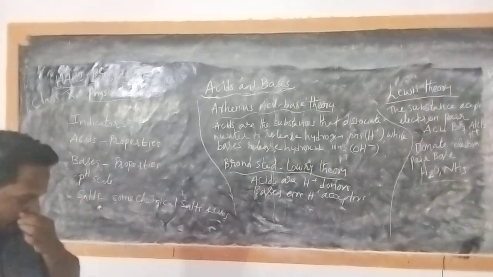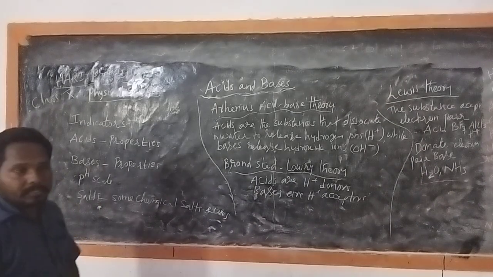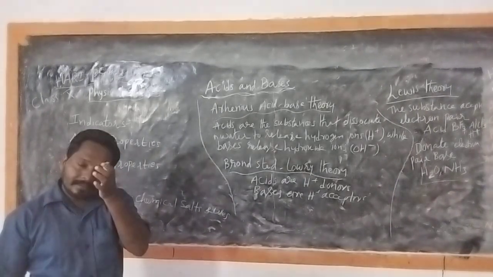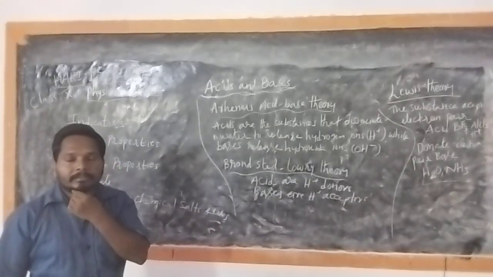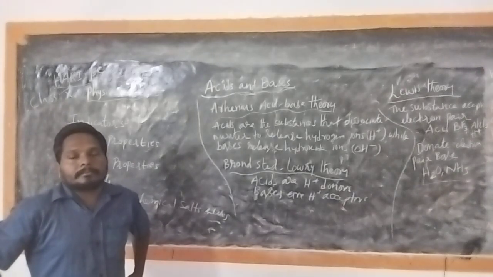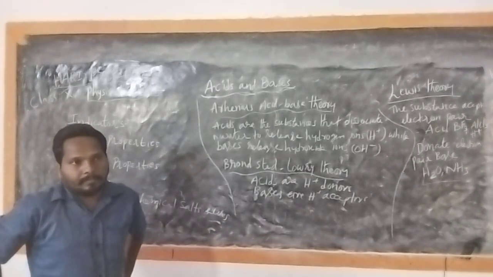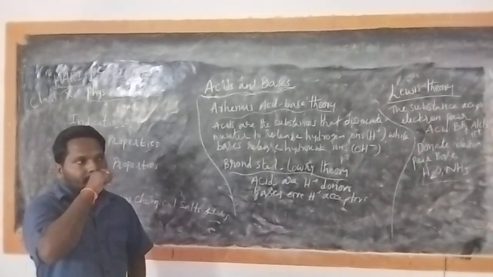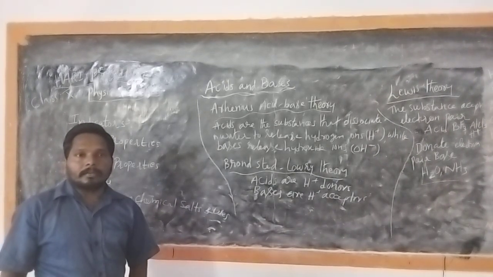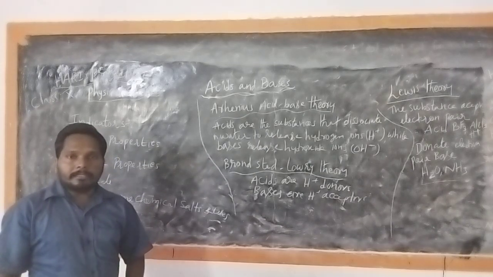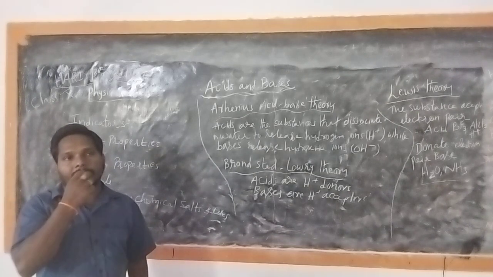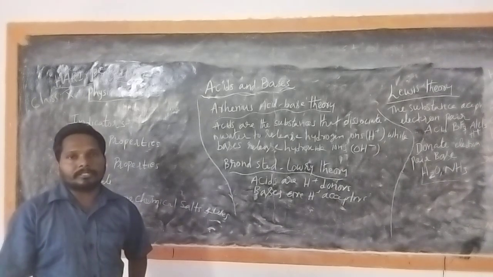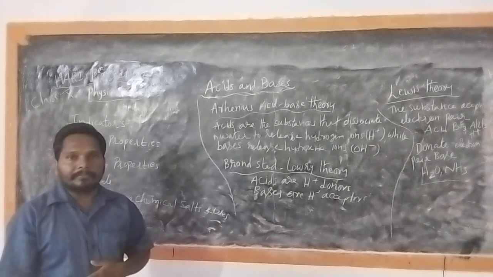So let us go for the next chapter, class 10 Physical Science. The second chapter, Acids and Bases. As we completed chemical reactions and equations, and regarding light we discussed reflection and refraction.